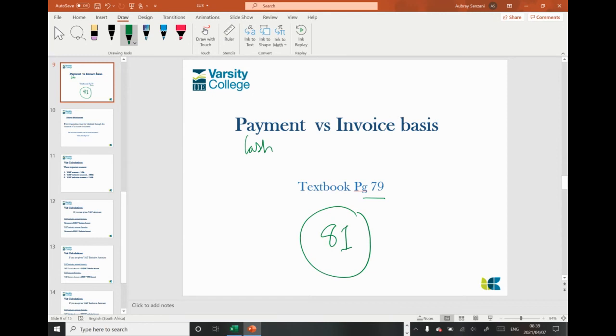When it comes to the payment or the cash method or basis, what we are saying is that we only pay that over to SARS when we have received money from our customers. You see? Only when we have received money. So let's say we did a transaction with them on credit.